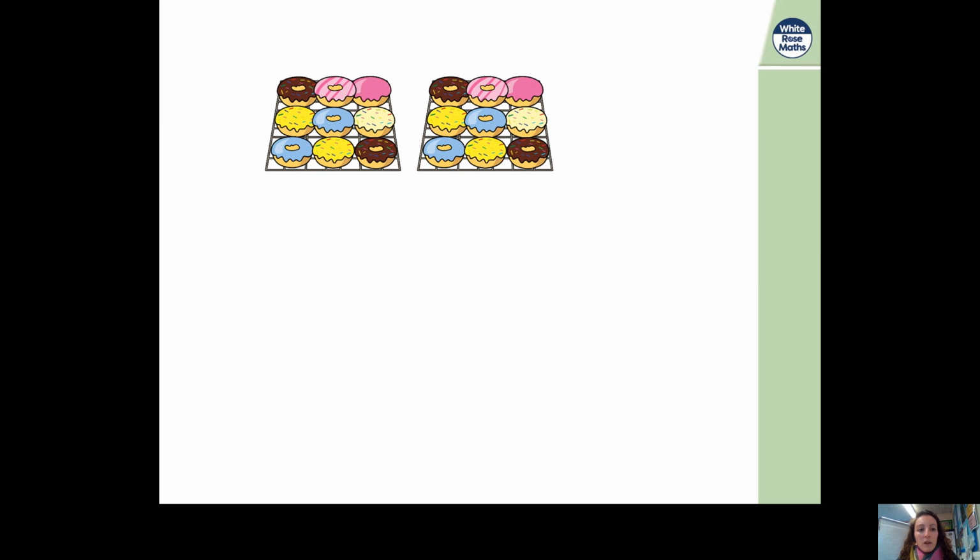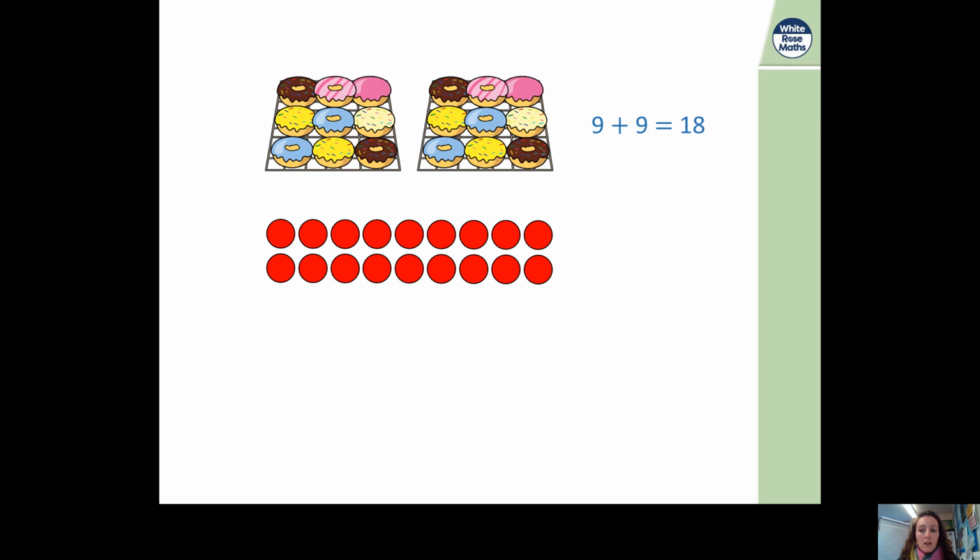Okay, how could we calculate this question? Well, there are 9 donuts on the left and 9 donuts on the right. So we could write 9 add 9 equals 18. Or we could represent it with this array. So here we've got 2 groups of 9 or 9 groups of 2.